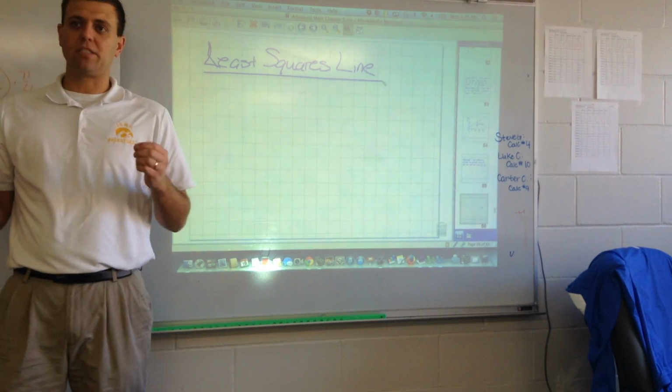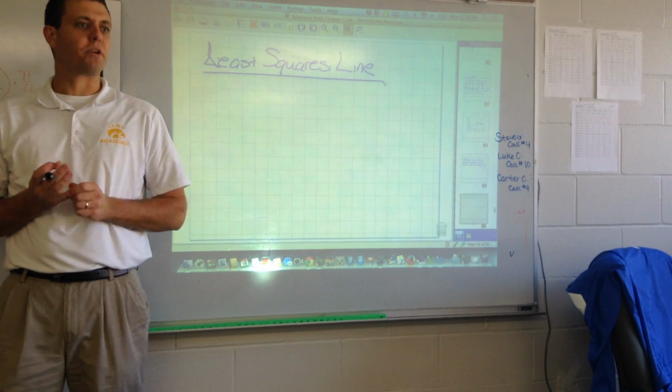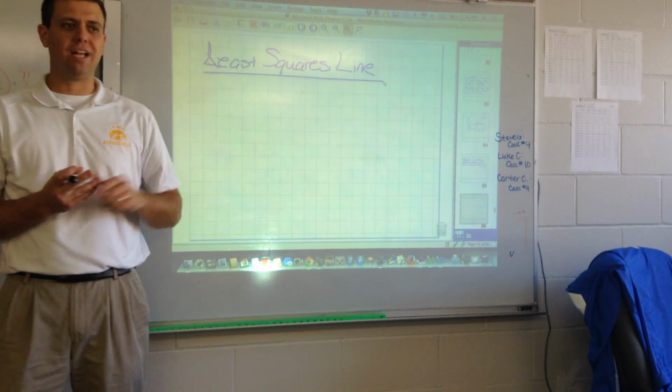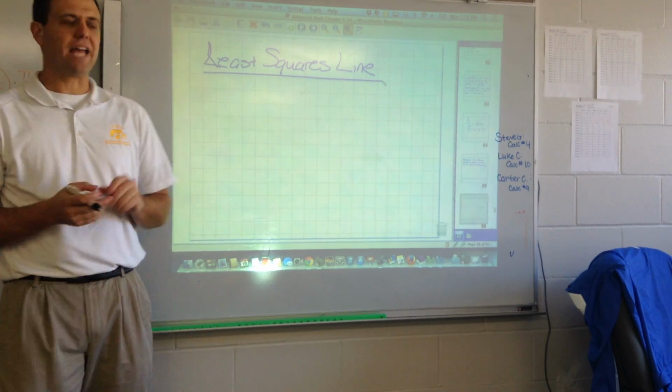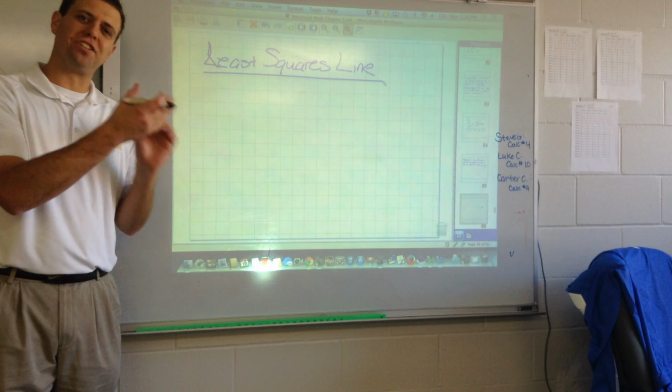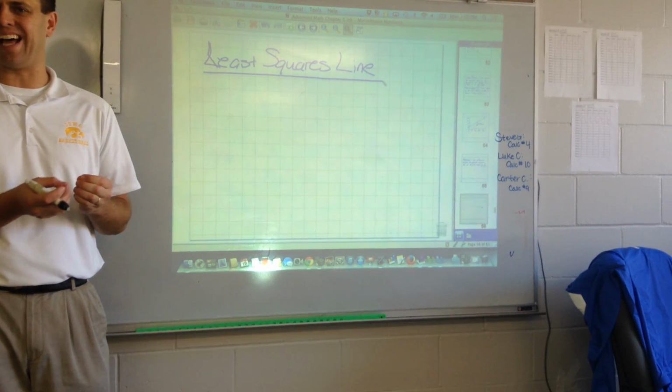Sometimes, instead of a best fit line, textbooks call it the regression line or the least squares line. The least squares line is a good name for it because it tells you exactly how the equation of that line is come up with.